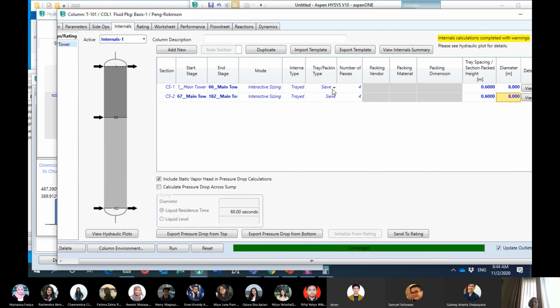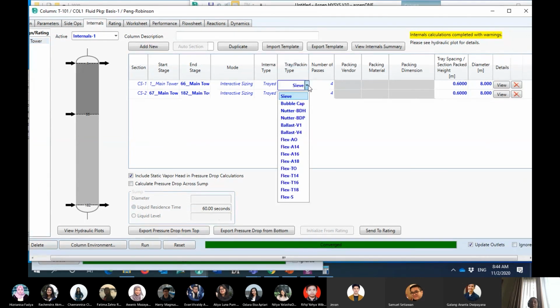Okay, so we have to change about the tray. In here, you can use, for example, tray packing. Okay, you can use, for example, this one is the Ballast V4, which is a type of valve tray. This also can influence the performance of the column in terms of the hydrodynamic.